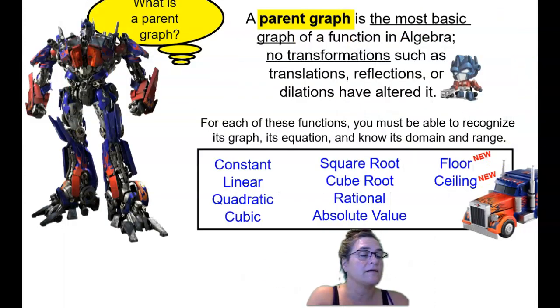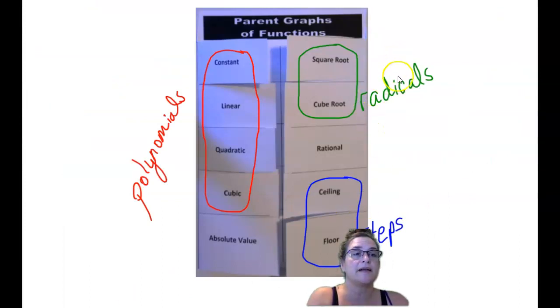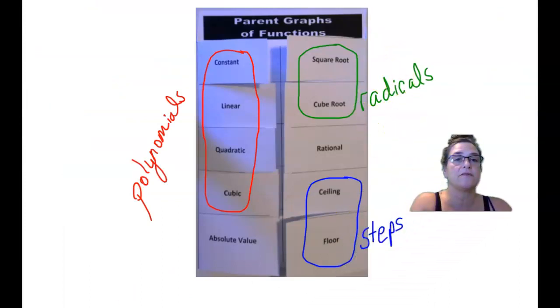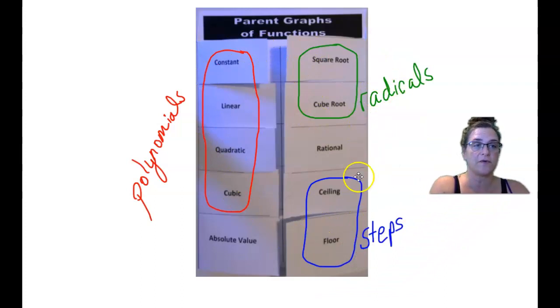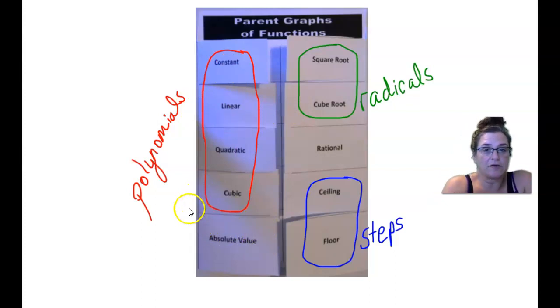Okay, the next slide here is going to organize for us on the front of this foldable our parent graphs that we're going to examine and put them into categories of functions that go together. So the first 4, constant, linear, quadratic, and cubic, these are called polynomial functions, right? And if you remember from algebra when we studied polynomials, we identify them and classify them based on their degree.